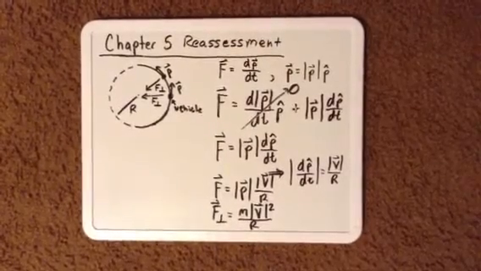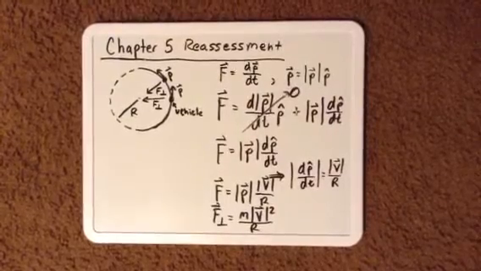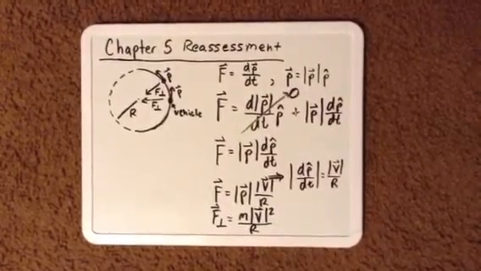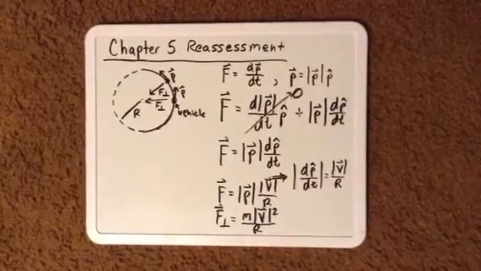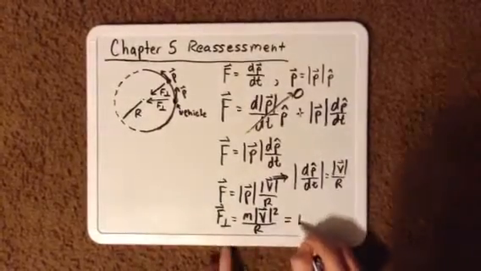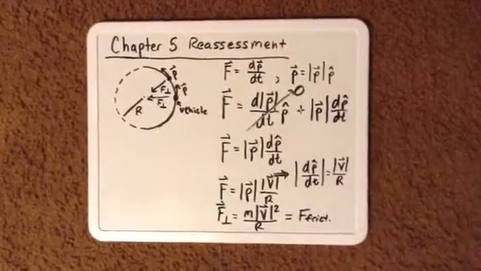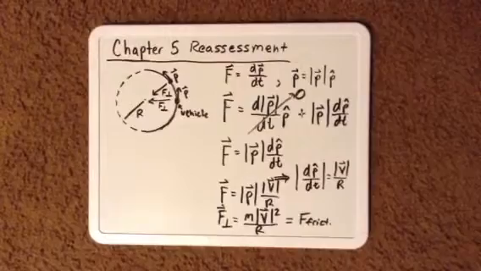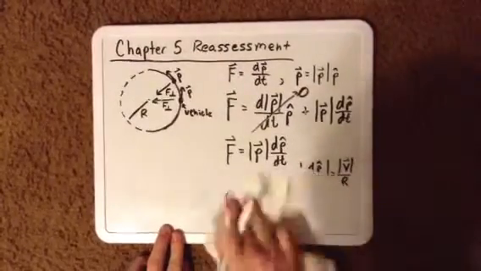Now, the main question at hand is to determine the fastest speed the vehicle can go and make the turn. So, to find that, we need to set this equal to the frictional force, and this is going to be the maximum frictional force, since we want the fastest speed the vehicle can go. So let me rewrite that last equation at the top here.